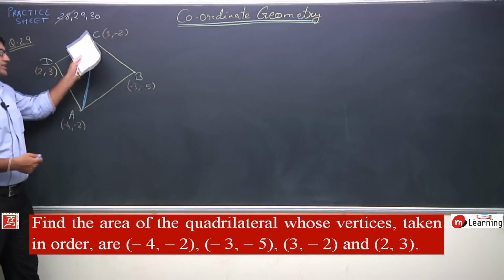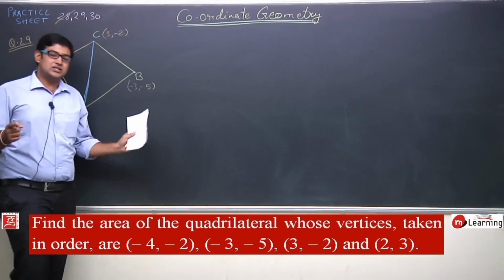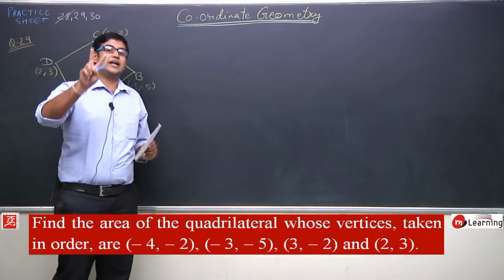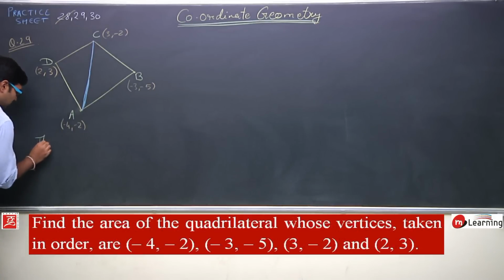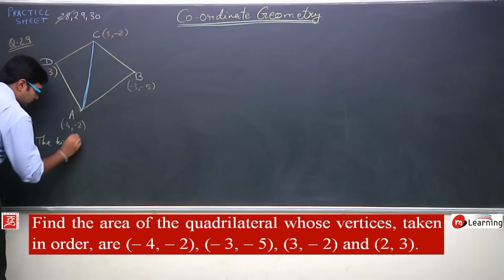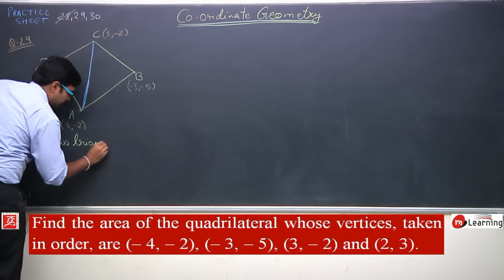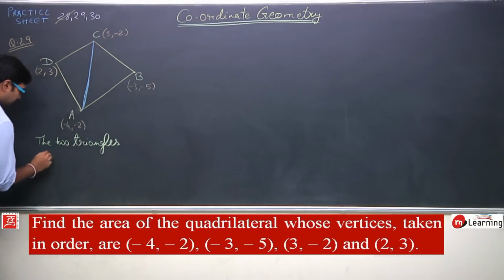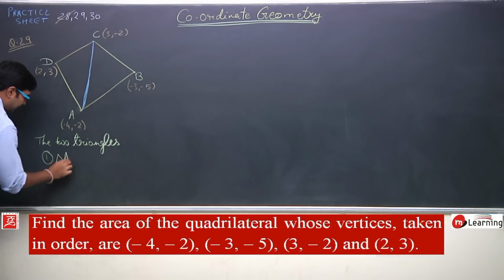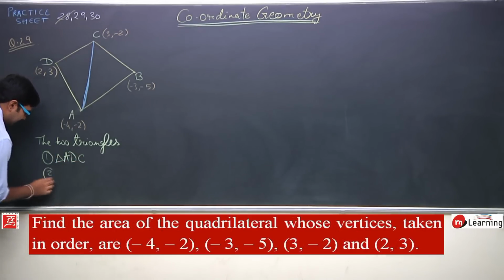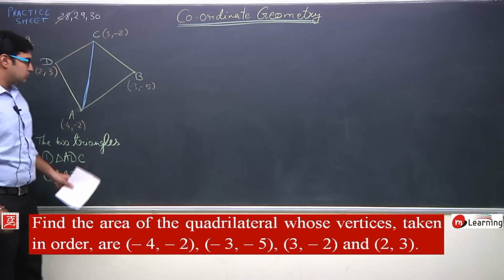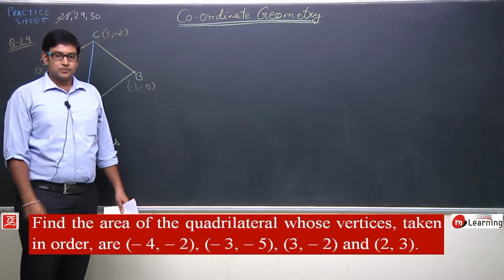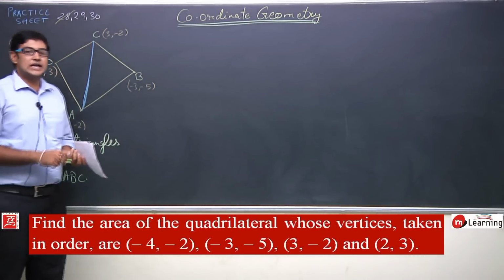So by joining this diagonal, I can divide this quadrilateral into two triangles. The first one is triangle ADC and the second one is triangle ABC. So these two are the triangles formed. Now you have vertices of all the triangles.